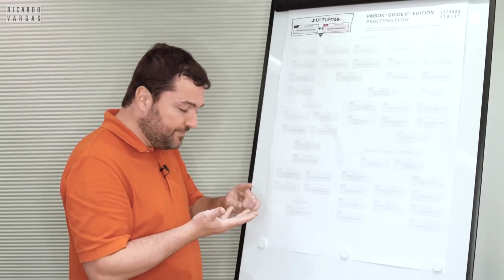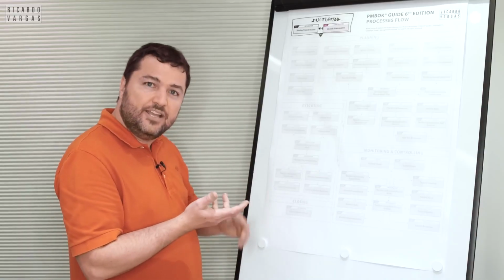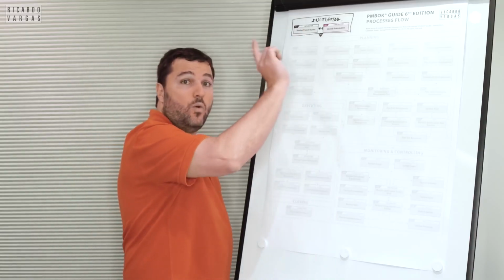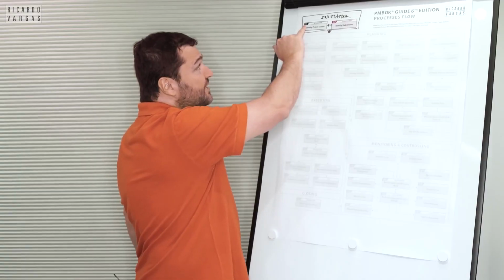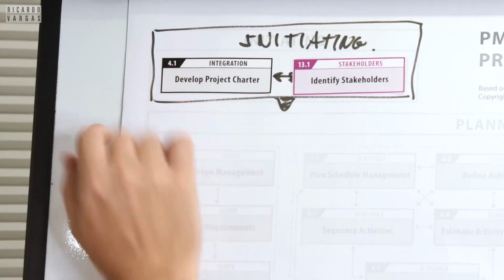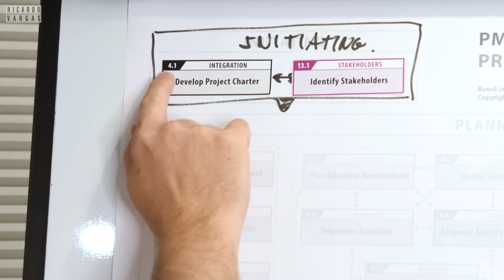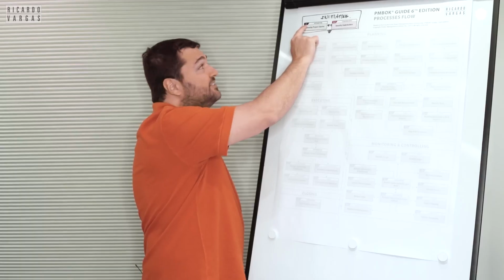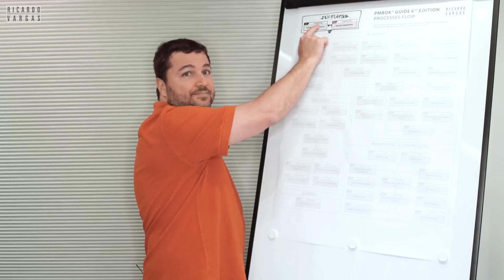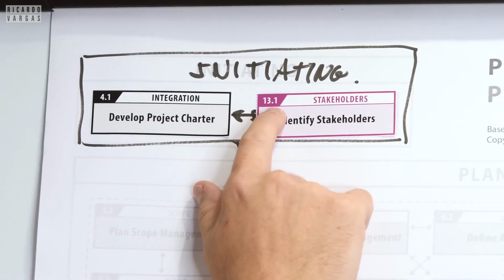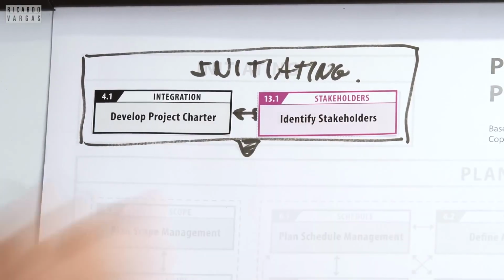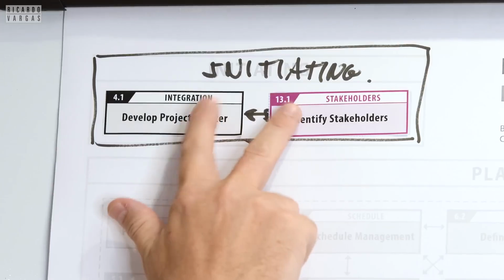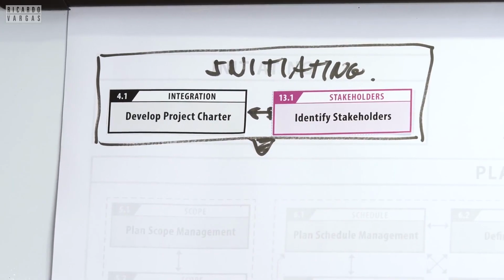A supplier, a client, another area in your organization, they are all stakeholders. And look, one important point. Here, 4.1 means we are talking about chapter 4 of the PMBOK, first process. Chapter 4 is integration. And this is 13.1. 13 is stakeholder management. So we do this almost together.